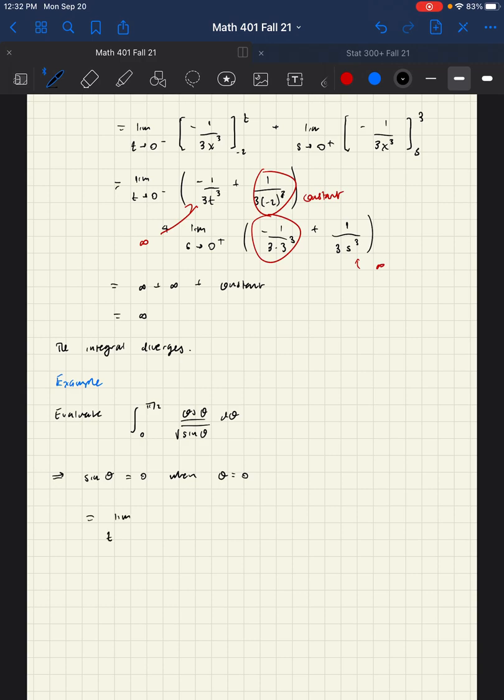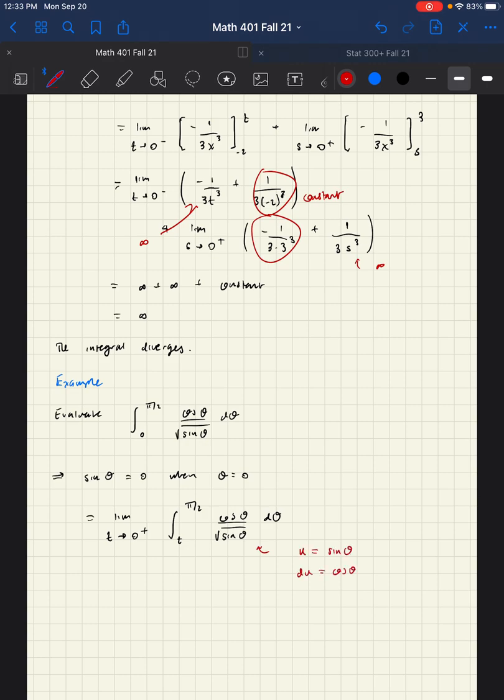That means the left endpoint is discontinuous, so we're just going to have to do the limit as t approaches 0 from the right of the integral from t to pi over 2 of cosine theta over the square root of sine theta d theta.